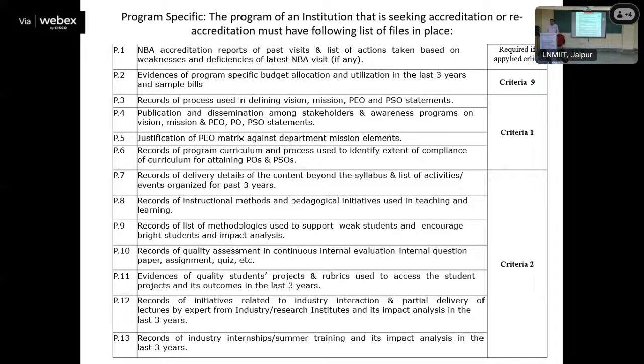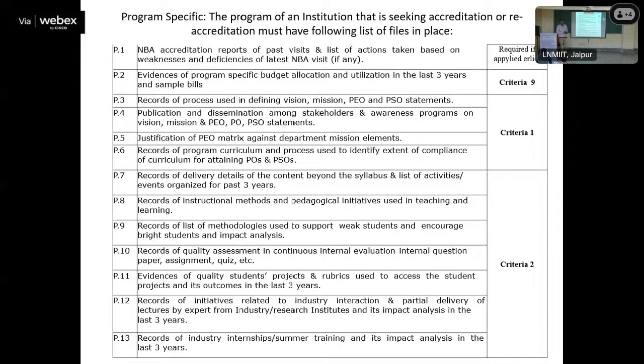Some practice that they may follow, for every file they make an index file with page numbers. I have a 50 page document, so pages 1 to 5 cover this, pages 5 to 6 cover that. Generally they make an index document like this. Sir, if you have any document like that, can you share it for reference? I can share the index one.